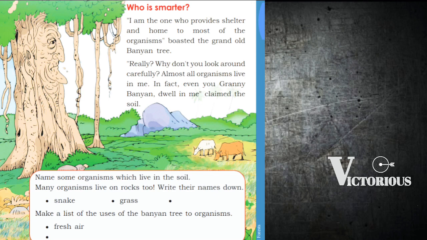We need oxygen, which is given by the banyan tree. So fresh air is one use of the banyan tree. Then what are the other things? I can tell you shelter. The banyan tree gives shelter to birds and others. Then you can say other things. That is the assignment for you in today's classroom. So I am waiting for your assignment.